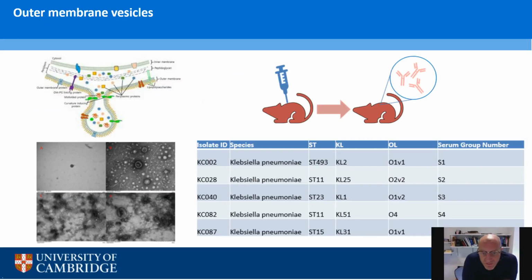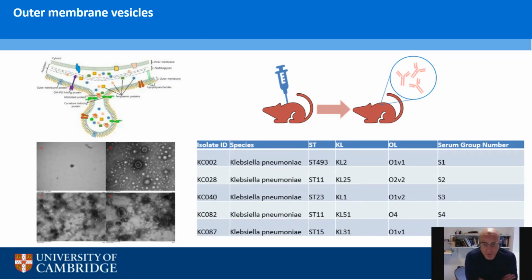And we've taken 5 organisms that are representative, we think, largely of what's going on clinically with Klebsiella, of key sequence types, key capsule types, and key antigen types. We've purified outer membrane vesicles from them, which are blebs off the bacterial surface, and they create a cross-section of the outer membrane, and then immunized mice with them, and those mice have generated an antibody response.